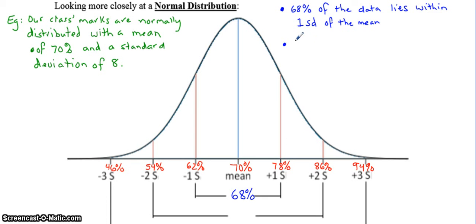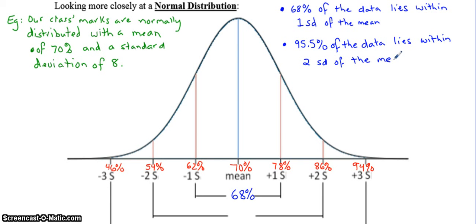Within two standard deviations would be 95.5% of the data. So that means 95.5% of the people in the class scored between 54 and 86.